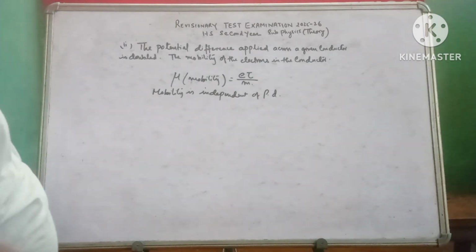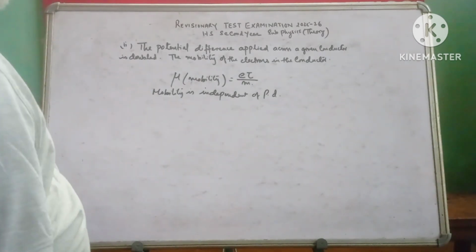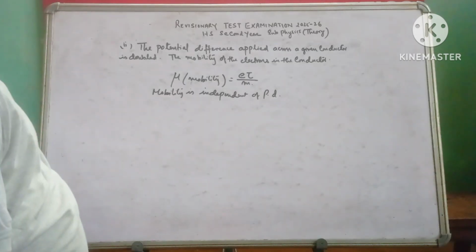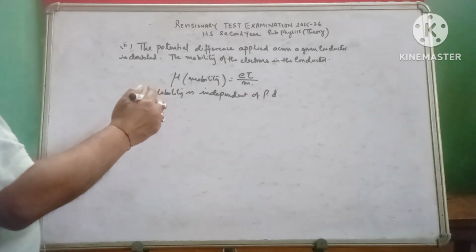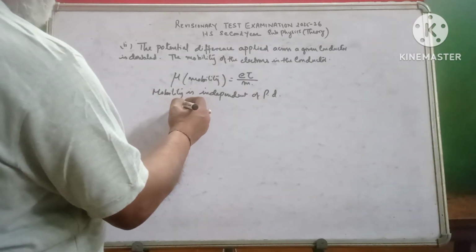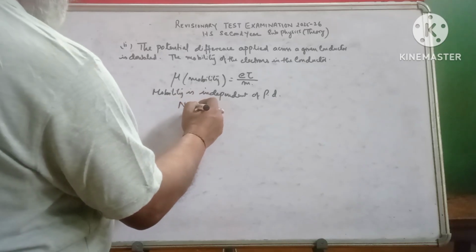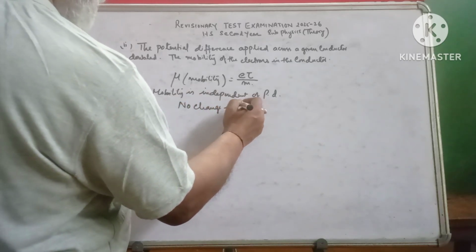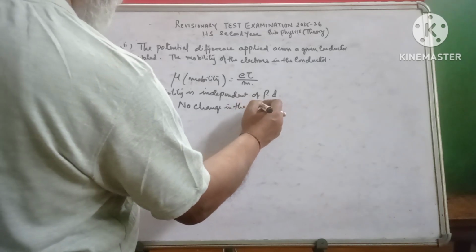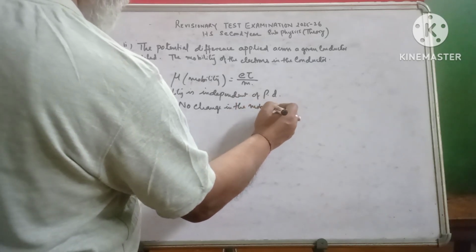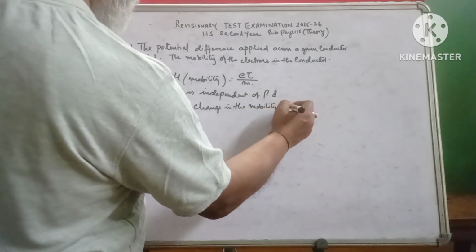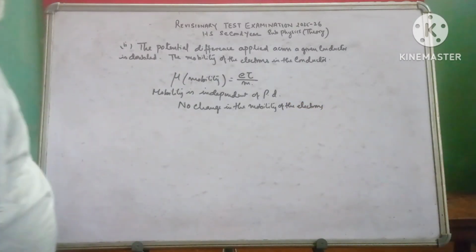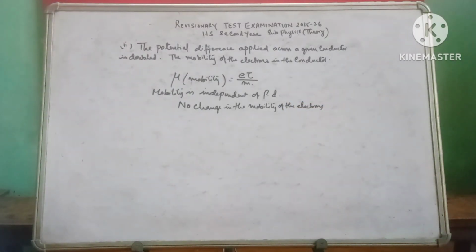So even if we double the potential difference, there is no effect on the mobility of the electron. We can say that there is no change in the mobility of the electron.